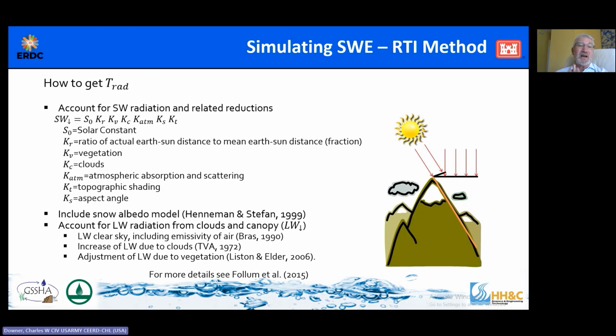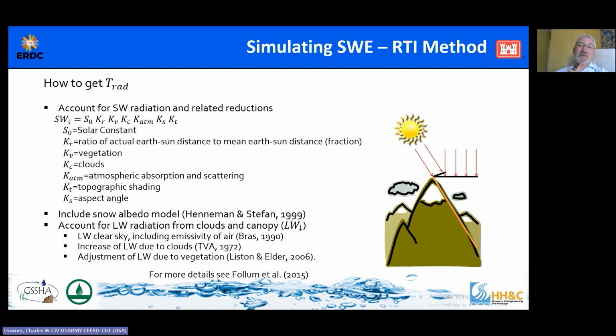And here's the nice thing about this method that I like: we look at things like the vegetation shading the ground, or clouds blocking the radiation, and is there topographic shading, like is a mountain blocking the sun, and then how intense is the sun on the land based on the aspect angle.